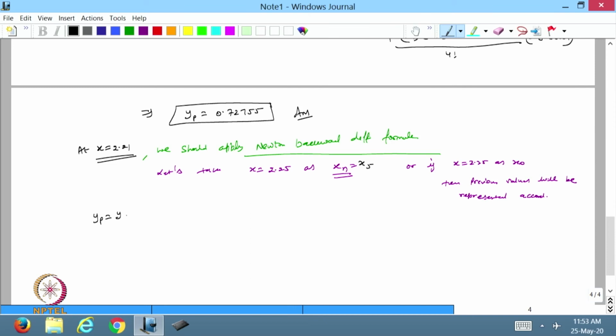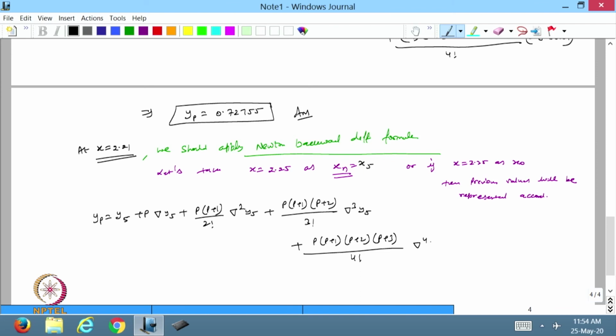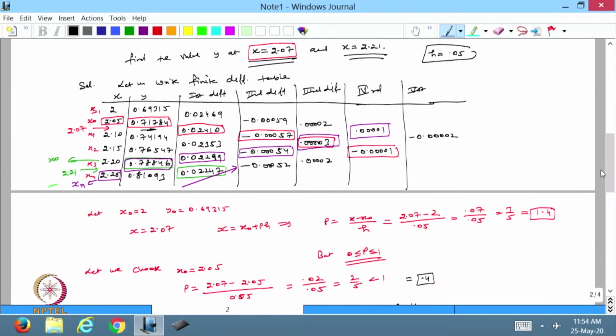I can write y5 plus p backward y5 plus p plus 1 by 2 factorial y5, p plus 2, p plus 3 by 4 factorial and the fourth y5, because I can move up to fourth order only.